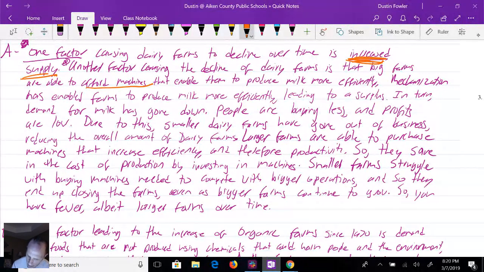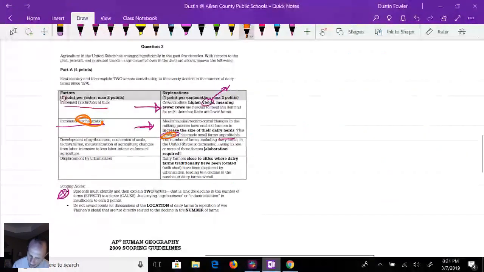All right, so I would definitely give myself an explanation point for increased mechanization. You can see that right there. That word is efficiency. I didn't specifically mention increasing the size of the herds, but I feel like I was all over that response, so I would get a point for the explanation here.